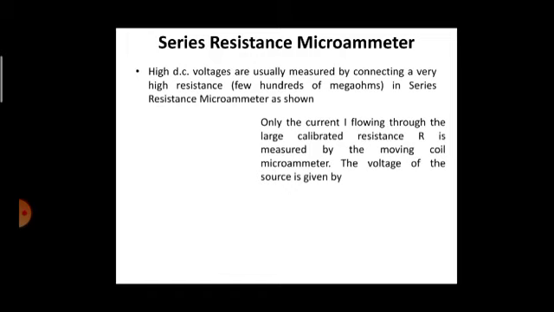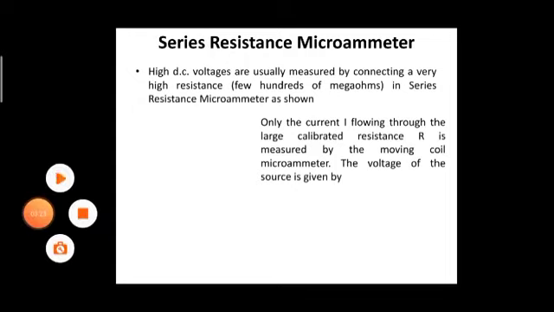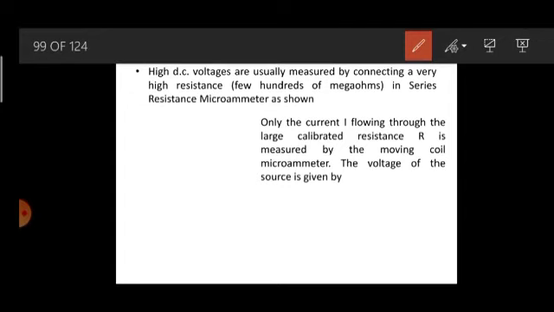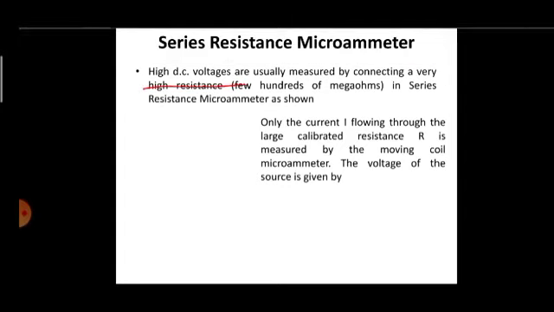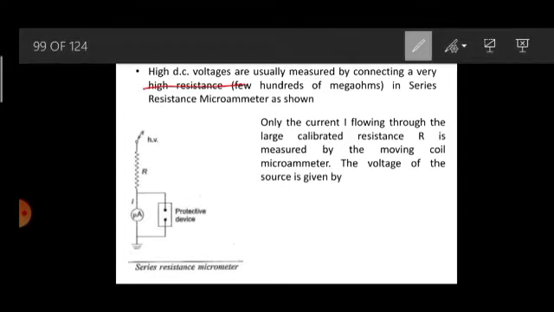Starting with the first one, the series resistance micrometer. DC voltages are usually measured by connecting a very high resistance, of a few hundred mega ohms, in series with a micrometer.